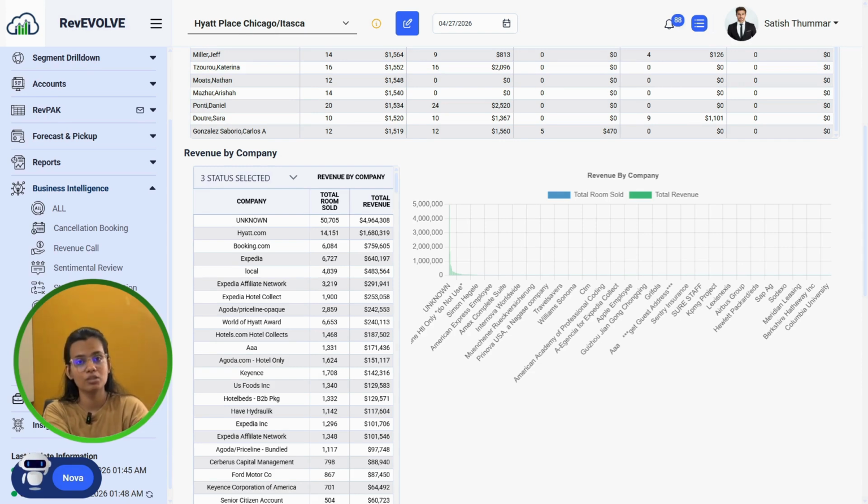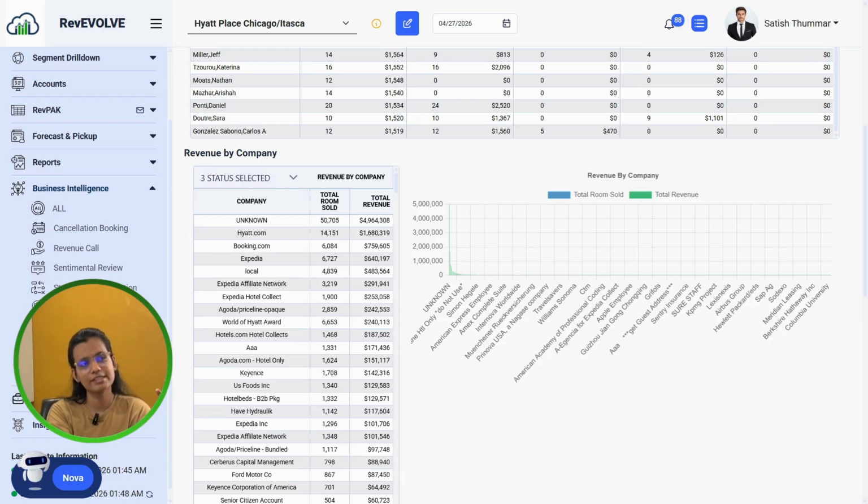But if your hotel's rate code is mapped, then we have the mapping correct, and we see major channels like Hyatt.com, Booking.com, and Expedia gaining more. From there we gain a larger amount of revenue. The next insight is OTA dependency. OTA channels are one of the most significant contributors to the whole revenue scenario.